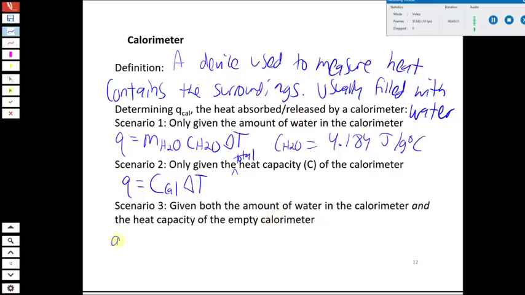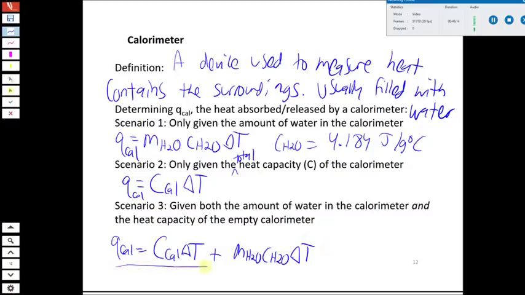So in this case, the heat for the calorimeter, I'll put that same abbreviation so I don't confuse you here, is the product of the heat capacity of the calorimeter itself times ΔT plus the mass of the water in the calorimeter times its heat capacity times ΔT. So this is really the most rigorous and accurate way to do it, because we're accounting for the heat that's absorbed both by the water in the calorimeter and the heat that's absorbed by the calorimeter itself.